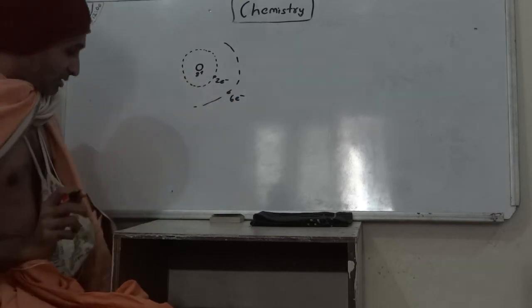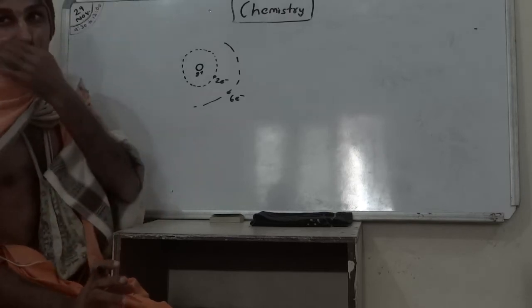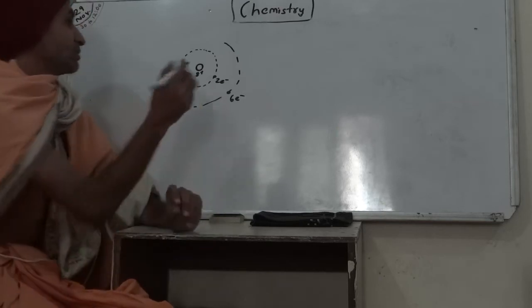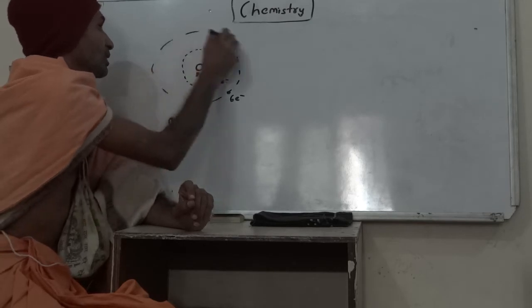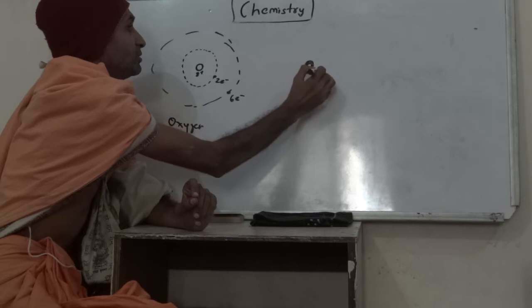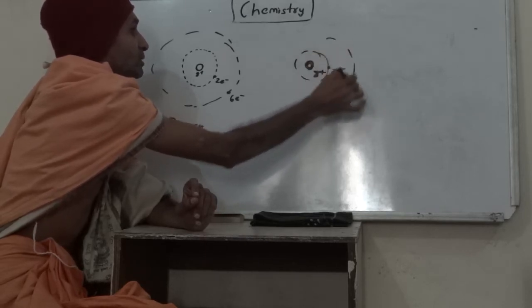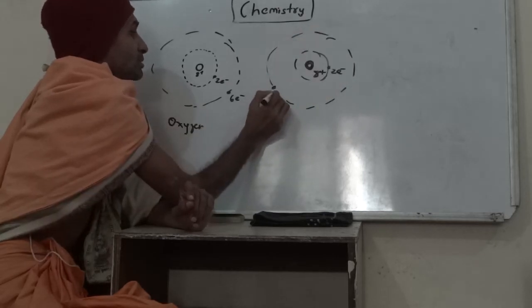Now oxygen is available in the form of a pure gas. So what it does: this is one oxygen atom and this is another oxygen atom. 8 positive, 2 negative, and 6 negative.